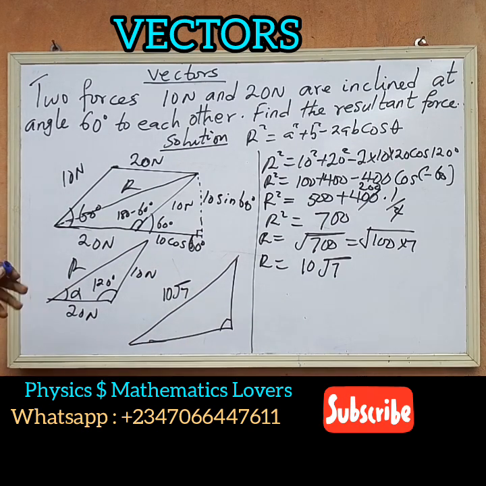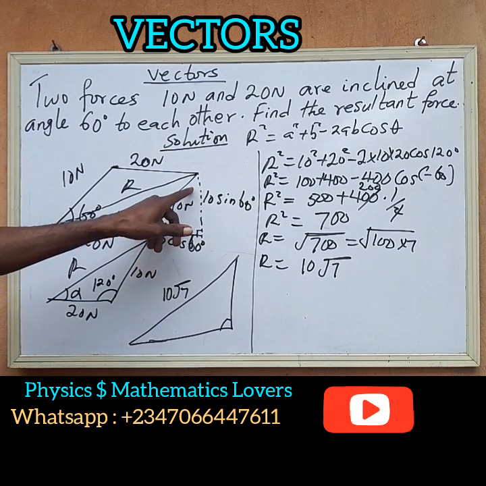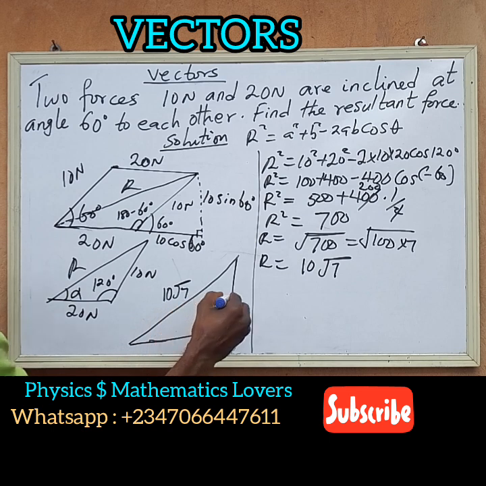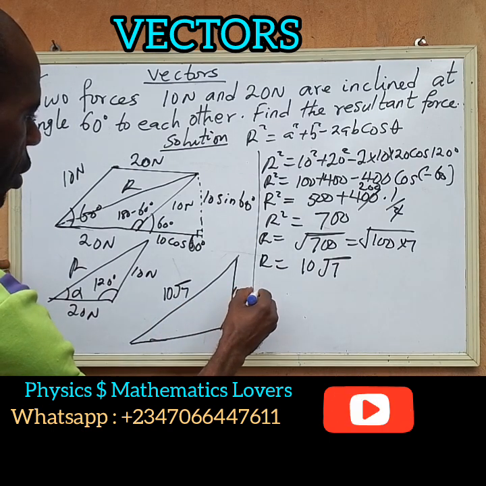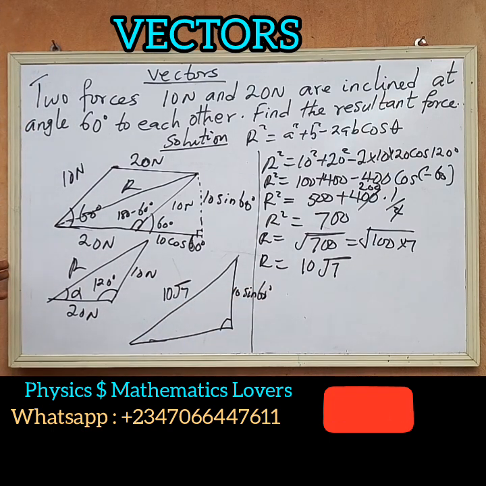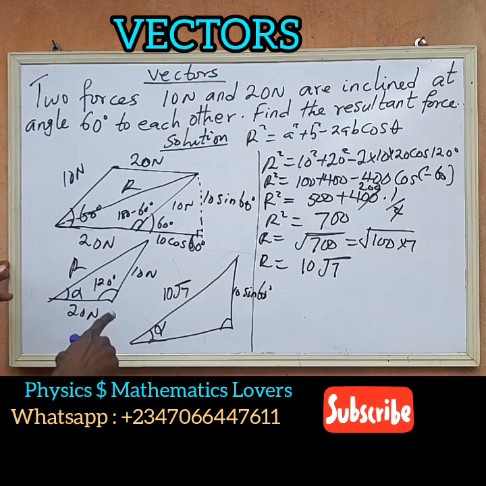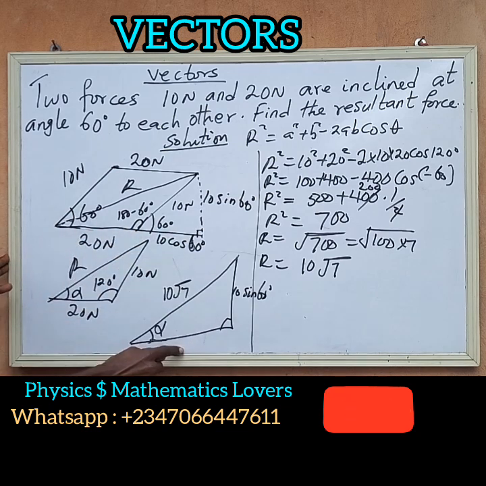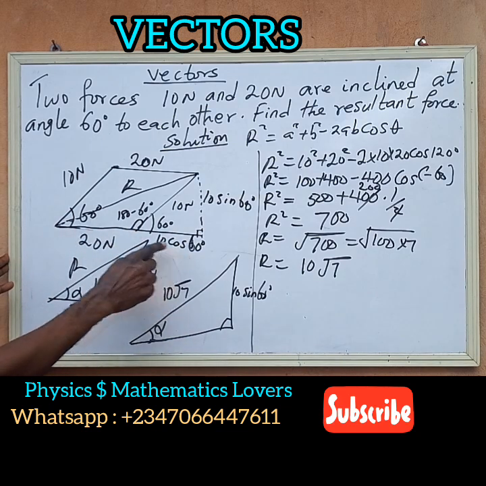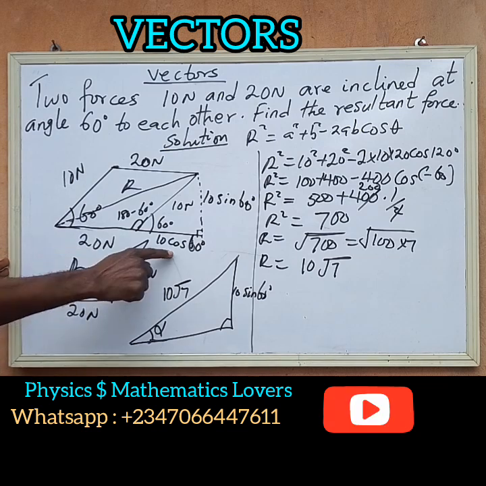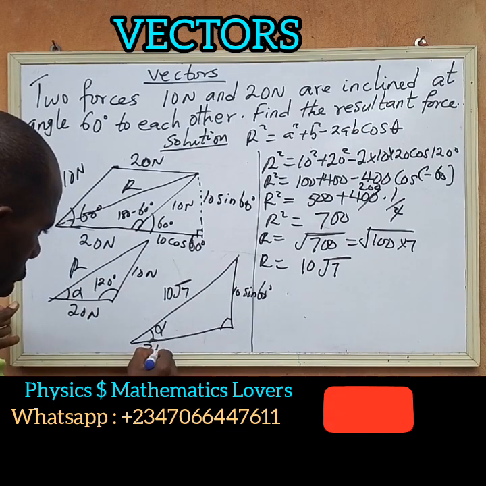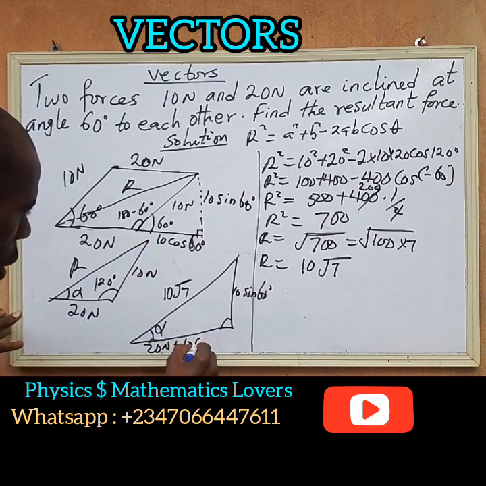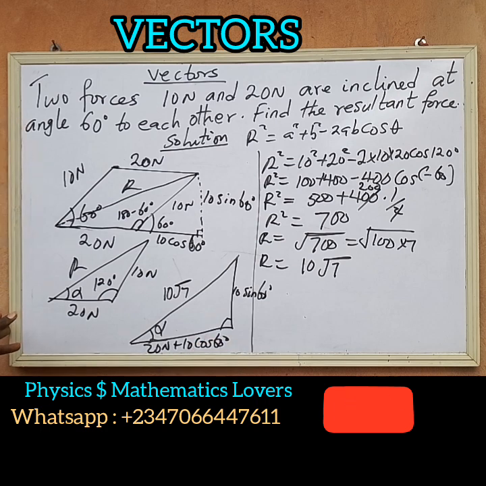Now we already resolved from this smaller triangle that's inside here. We resolved here to become 10 sine 60. Here is your 10 sine 60 degrees. Then this is your alpha. And here, we have joined this one to this, so 10 cos 60 plus what we have here, which is 20 Newton. So it will be 20 plus 10 cos 60 degrees.